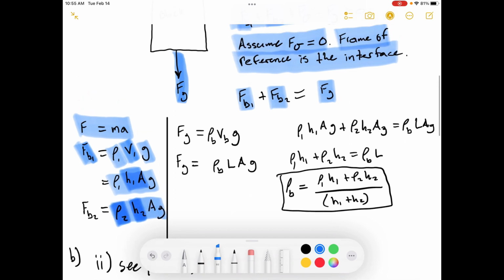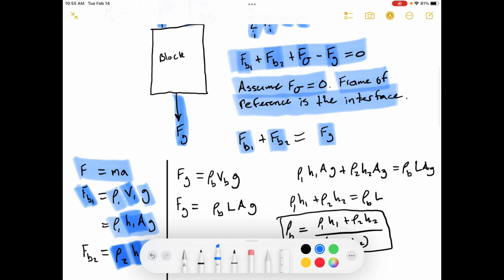The weight is similar. You do the mass times the acceleration still, so you have the density of the block itself, not the fluids, times the volume of the block, which gives us the mass of the block, times the acceleration due to gravity. So the volume of the block is L, which is h1 plus h2, times the cross-sectional area.